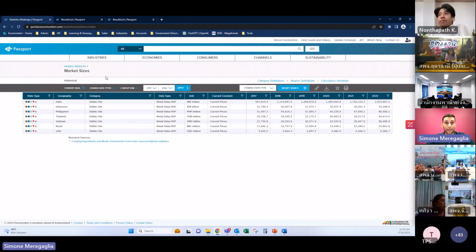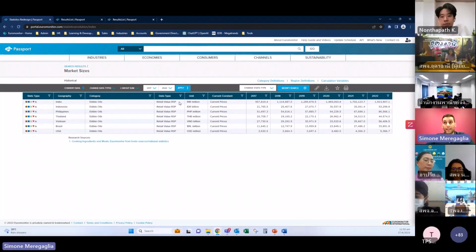So once we are here, you see market sizes, and you see a table that it gives us by default the last 5 years up until the last historically available year of data, which is last year, 2022. So we have 2017 to 2022. If I am not happy with that, I want to change the selection. I can always change the year and start much earlier up to 2008.